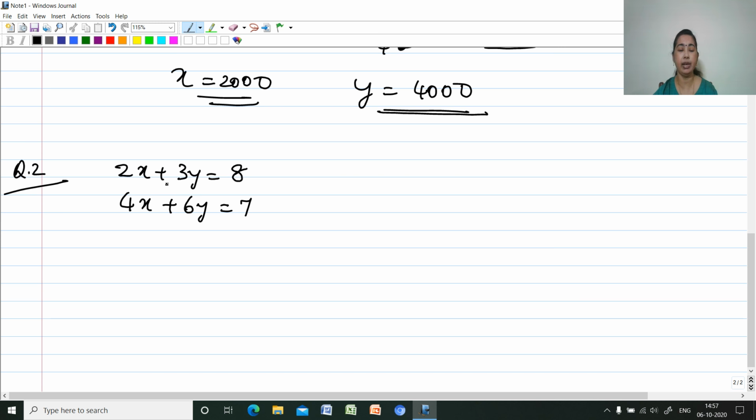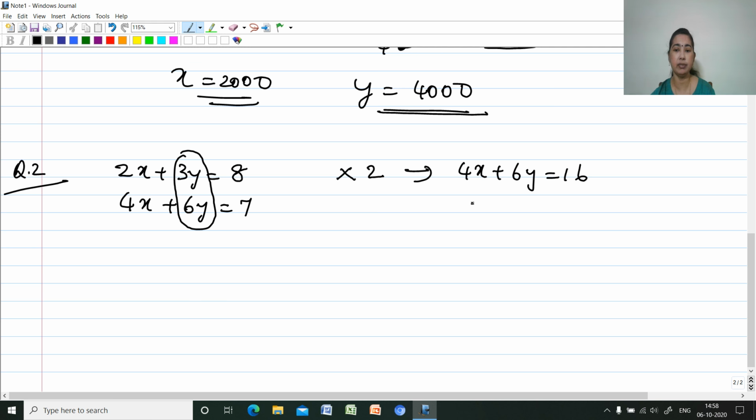Here also we have to make one variable the same. In order to do that, we can multiply the first equation by 2, and we will get 6 here. So this equation becomes 4x plus 6y is equal to 16.